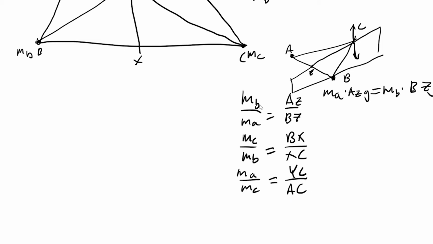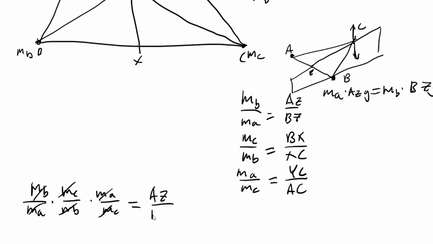And look at that. If we multiply all three of these equations together, then we're going to have MB over MA times MC over MB times MA over MC, and all these cancel, so this is equal to 1, which is equal to AZ over BZ times BX over XC times YC over AY, equal to 1.